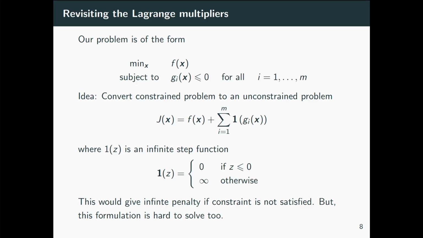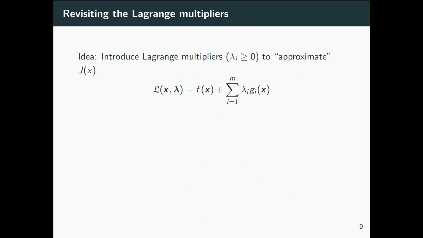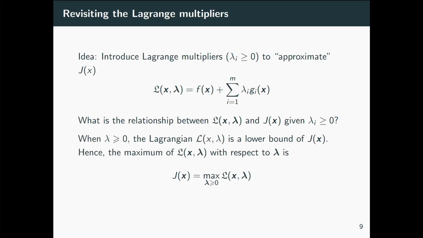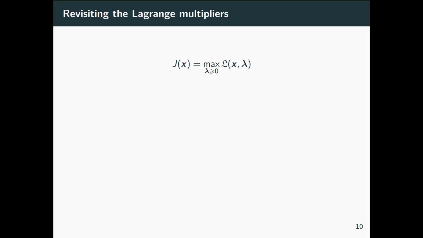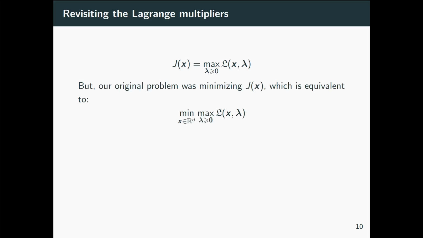So the original problem is to minimize g of x, and we have just now written that g of x is a maximization over the Lagrangian function containing the variables x and lambda, where lambda is greater than or equal to 0.